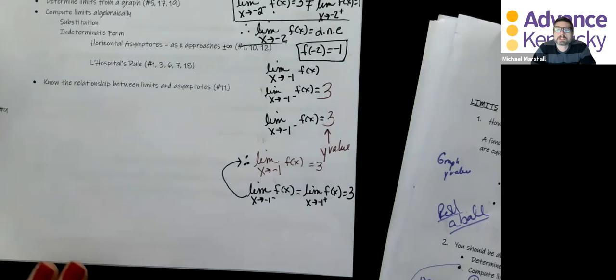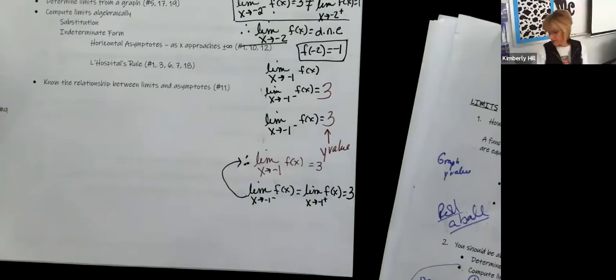Kim, I had a question. I answered it, but I'll say it to everyone. They asked, is it okay to write it in words or notation? And again, as my experience as a reader, usually this is the continuity question you're getting there, the important part is that you've talked about the left and right-handed limit. If you say it in words correctly, then we would have to give you that point.